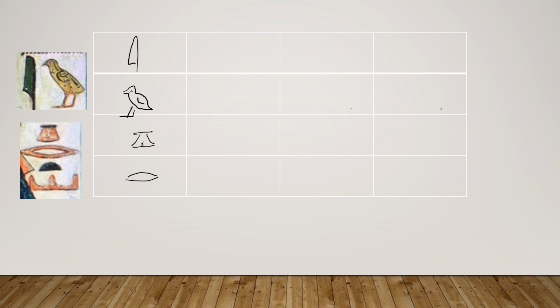And we have the jar stool. The jar stool by itself is GR. But just in case you forgot it's GR, then they have its phonetic complement, that mouth. So the jar stool by itself is GR, but having the mouth with it confirms that that's GR.